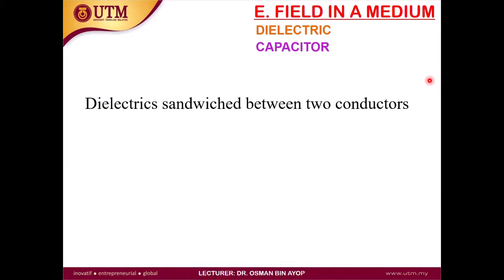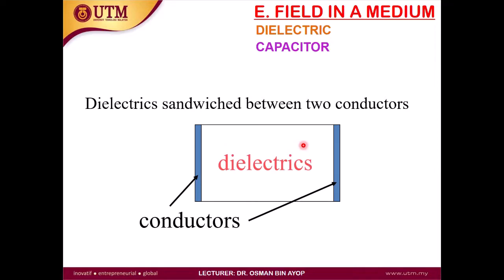In practice, a capacitor can be designed with dielectric material sandwiched between two conductors. As you can see in this figure, we have two parallel plate conductors separated by dielectric material, so these two conductors are not touching each other.